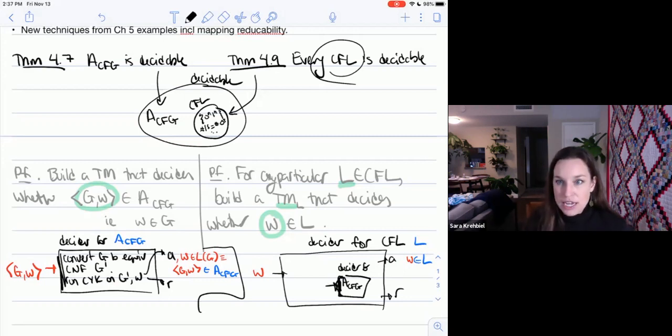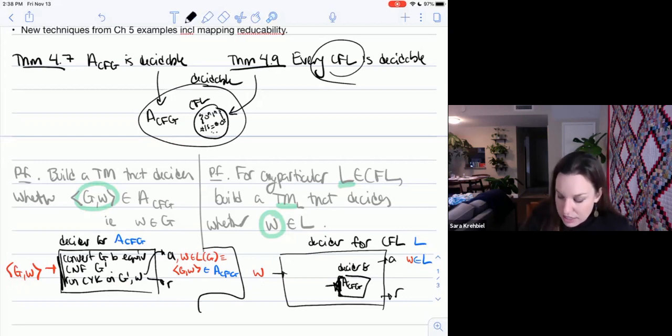And my reduction has to say, how do I take my input W and turn it into an input GW, where I can pass that GW in, and a yes answer to this question corresponds to a yes answer to this question. Well, I have a W, I need a G.